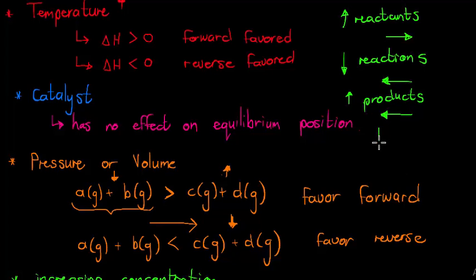If I decrease the products, I would favor the forward reaction, because the percentage of products compared to the percentage of reactants is now less. So the reactants have a higher likelihood of successful collisions than the products have, making it favor the forward reaction.